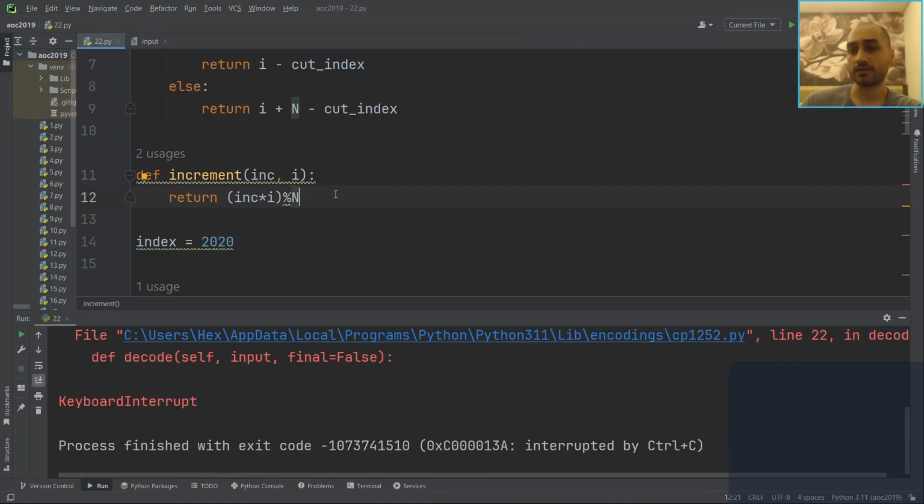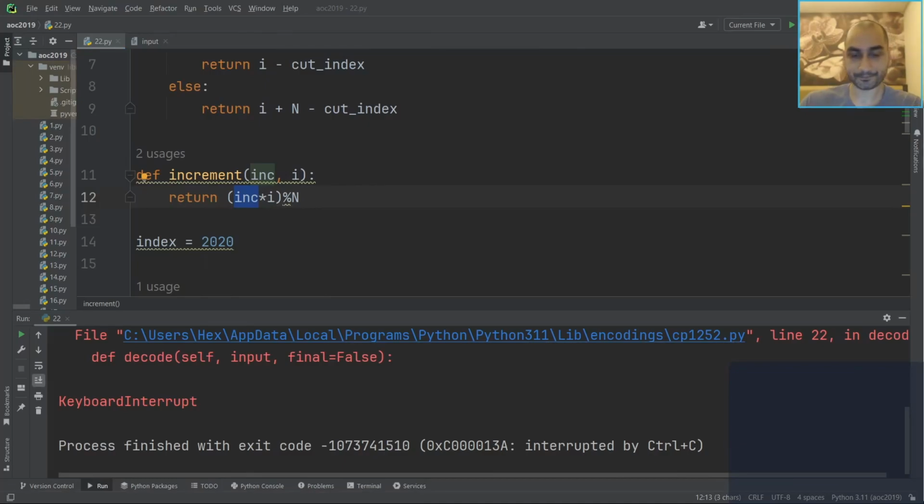Oh, this is where you have to use Fermat's theorem or something. This function was basically multiplying I by inc. If we want to go backwards, we need to multiply by the inverse of inc. We need to find the inverse using Fermat's theorem or whatever.